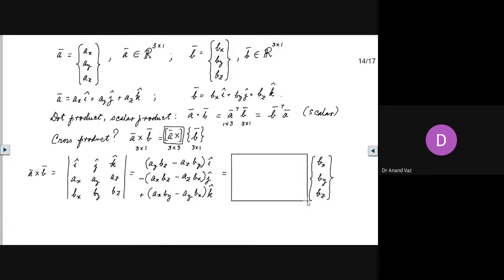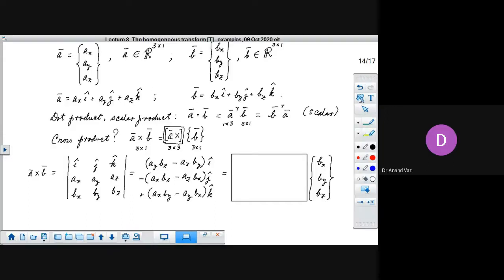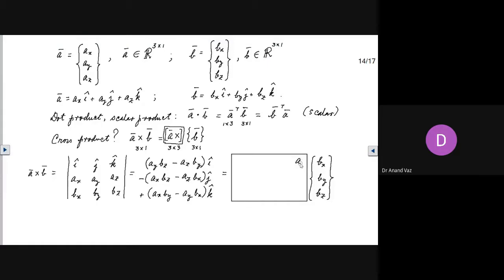We try to fill up these elements. Now, AY into BZ, so I'll fill up AY here. Minus AZ into BY. BY is here, so this will become minus AZ.